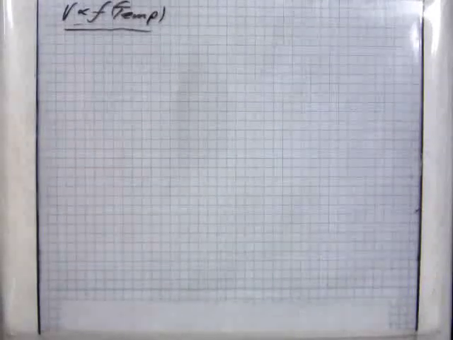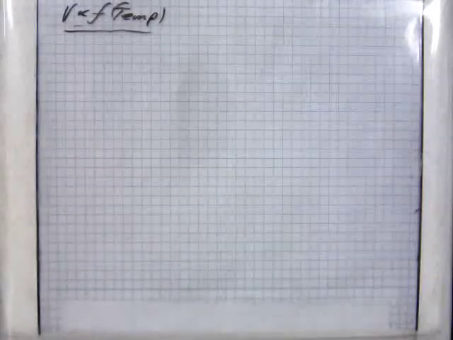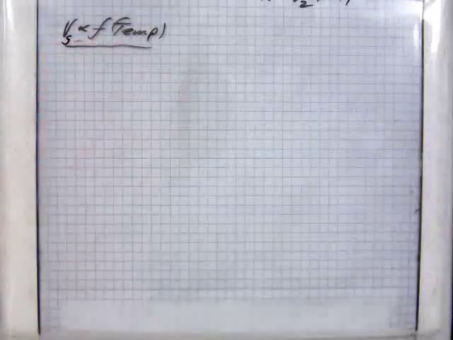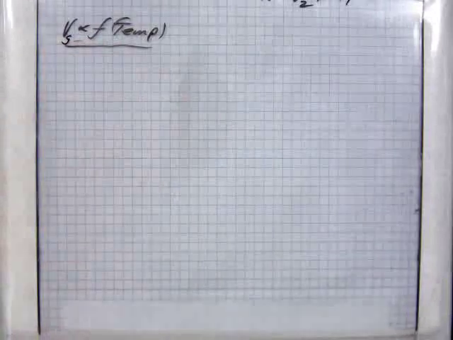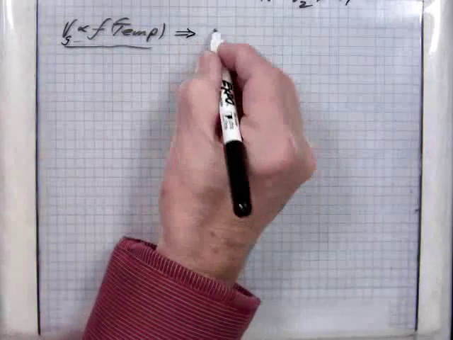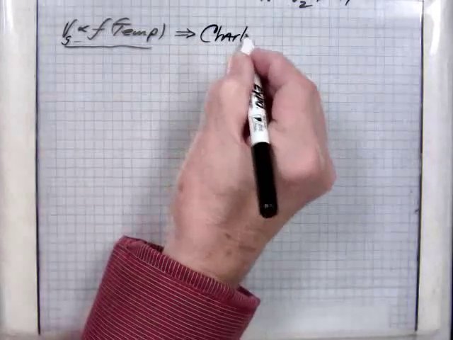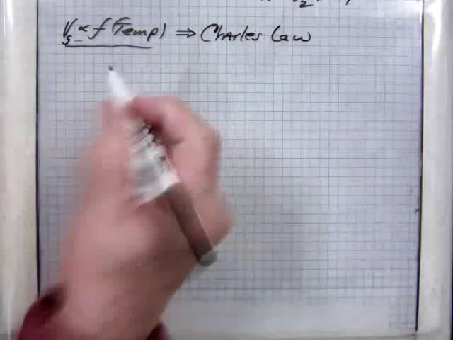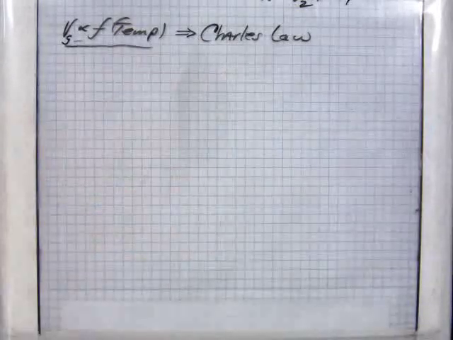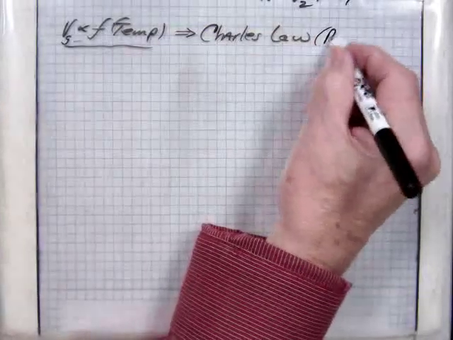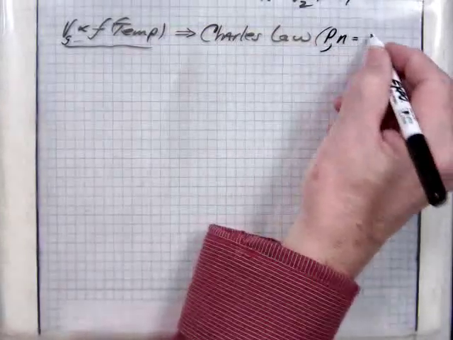Bring that on up here. When we talk about volume of a gas as a result of changing temperatures, we're talking about what we call Charles' law. And it's a volume temperature relationship. And when we deal with that, pressure and mass are constant, unchanged.